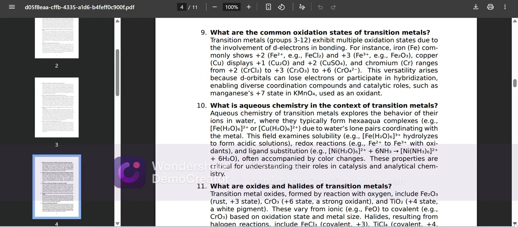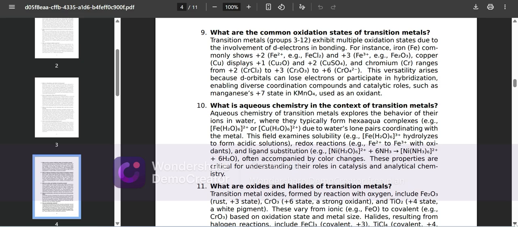What are the common oxidation states of transition metals? Transition metals, groups 3 to 12, exhibit multiple oxidation states due to the involvement of d electrons in bonding. For instance, iron Fe commonly shows +2 (Fe2+, example FeCl2) and +3 (Fe3+, example Fe2O3).